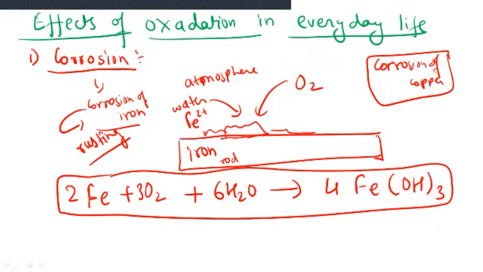So, is that clear? Yes guys. In the textbook we have the complete process of how iron gets rusted, like what happens at the anode, what happens at the cathode, that I'll explain definitely in the next class.